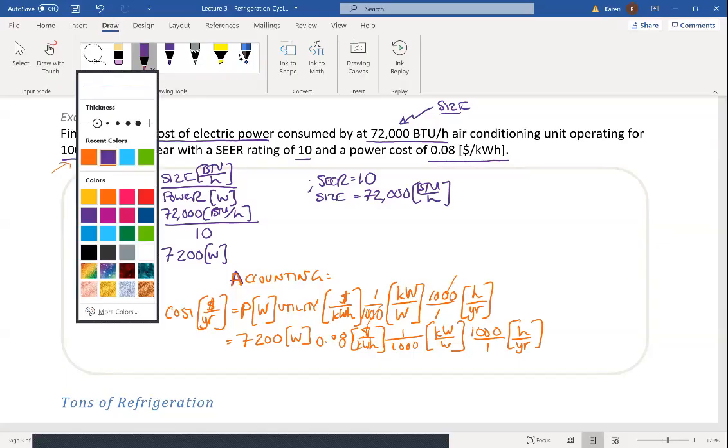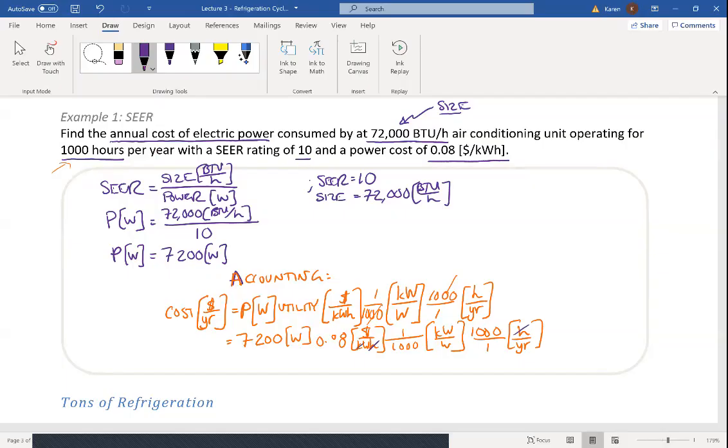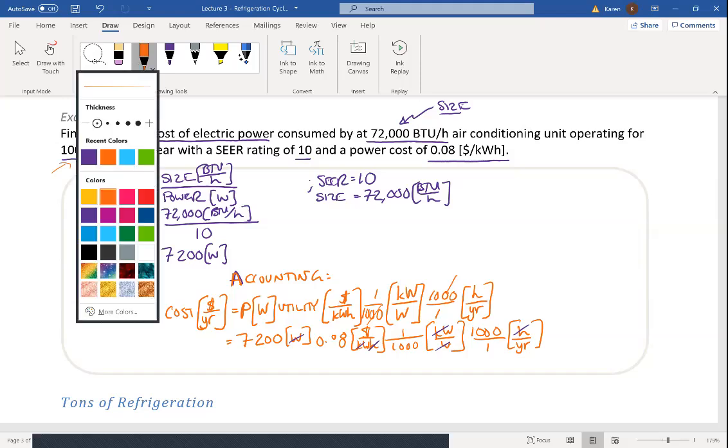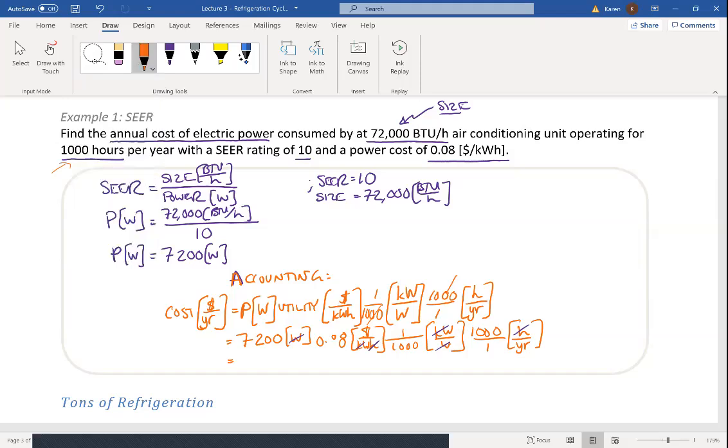And then we can cross out our units, leaving us dollars per year. And how much is that? That is $576 per year.